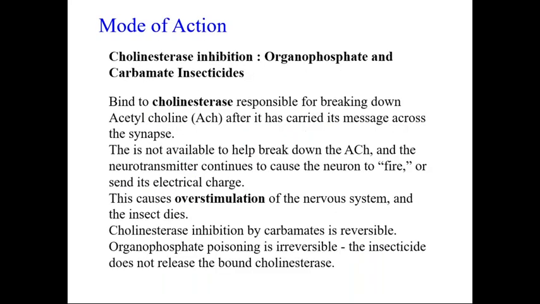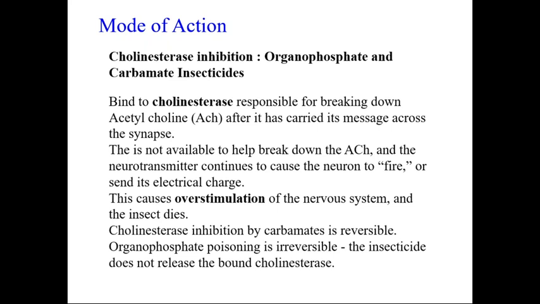So how do these pesticides work against insects? This is the mode of action against insects. If you look at the main mode of action, it is actually targeted towards the nervous system of the insect.